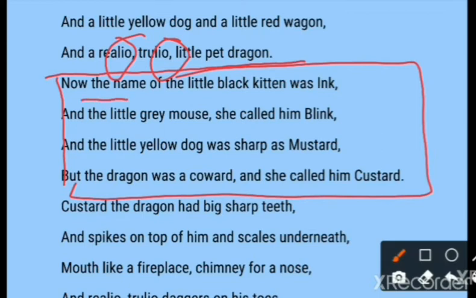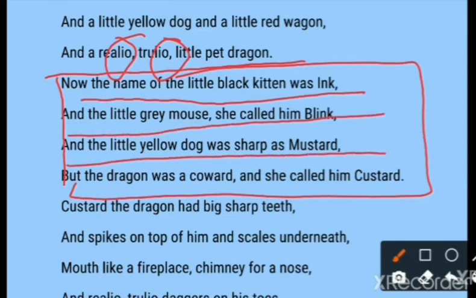Now the name of this black kitten was Ink, and the little gray mouse she called him Blink, and the little yellow dog was sharp as mustard. So this little yellow dog has been compared to mustard, and this comparison has been made by using the word as.